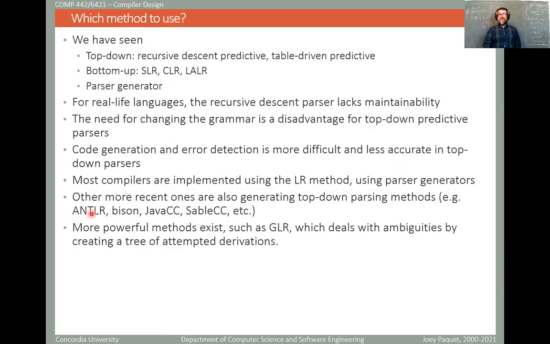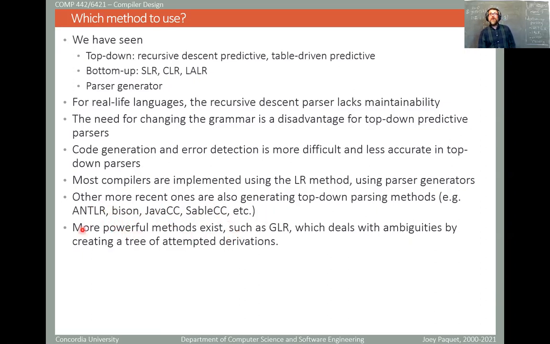You also have Yacc, and one of its offspring, Bison. You have others like JavaCC or SableCC. You have plenty of such tools available. So in real life, you would use, yes, a parser generator.